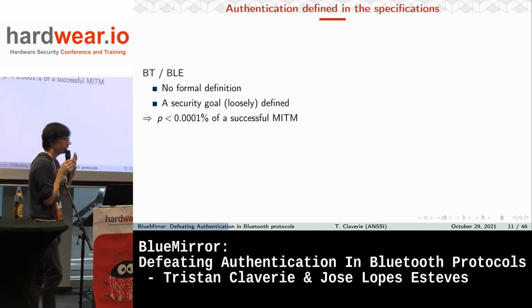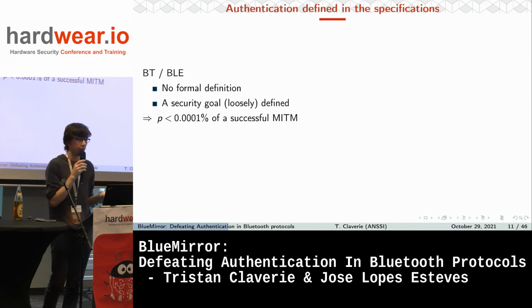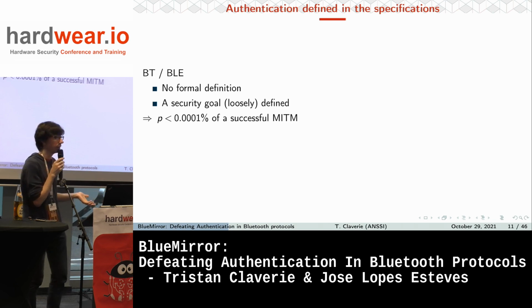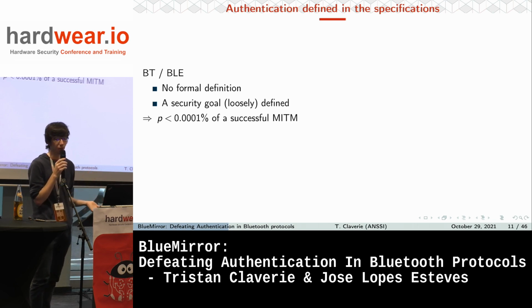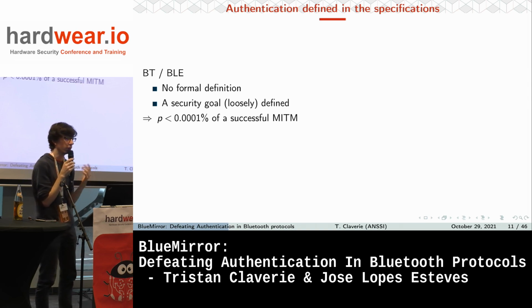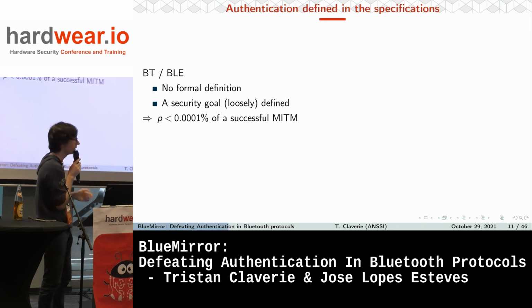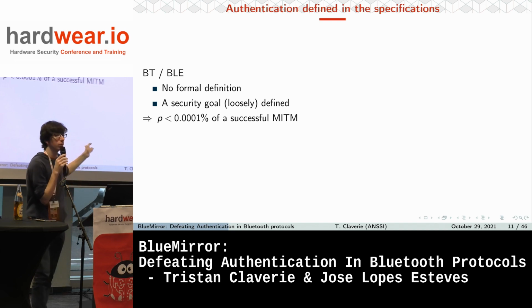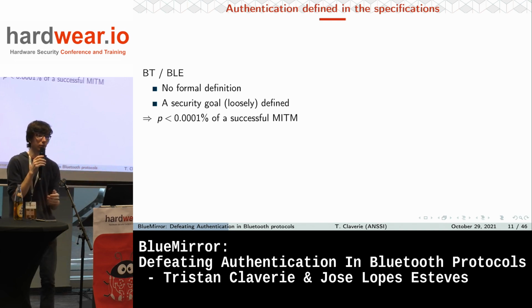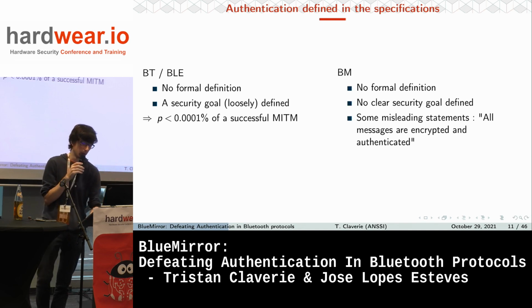Now, we are studying authentication in Bluetooth. So the first question is, how is authentication defined in the specification? If we look at the BT and BLE specification, there is no formal definition of authentication. There is a kind of loose goal which is defined, which is that an attacker should not be able to complete a successful machine in the middle attack with more than 1 in a million chances.